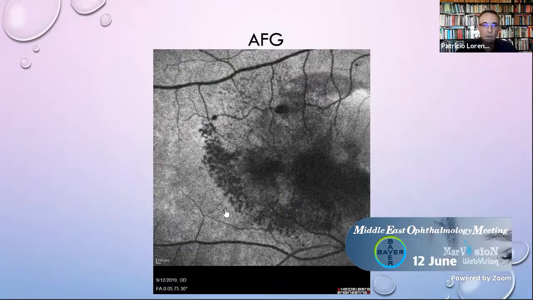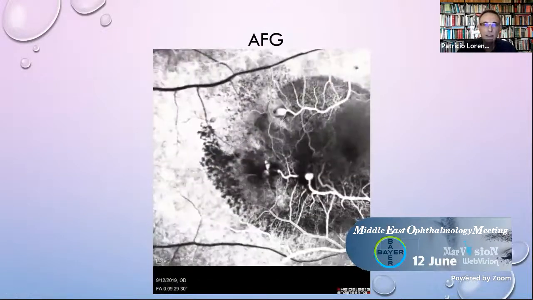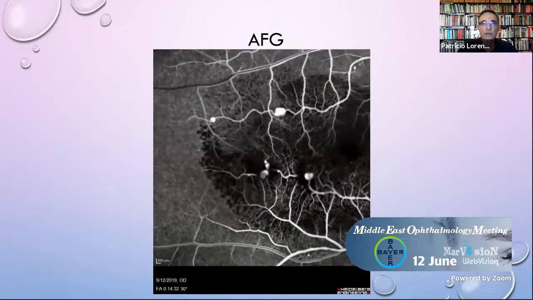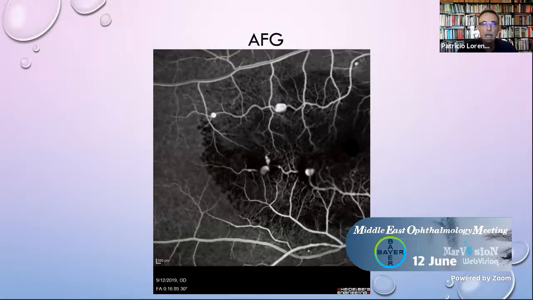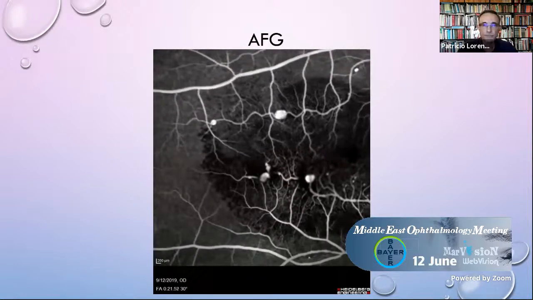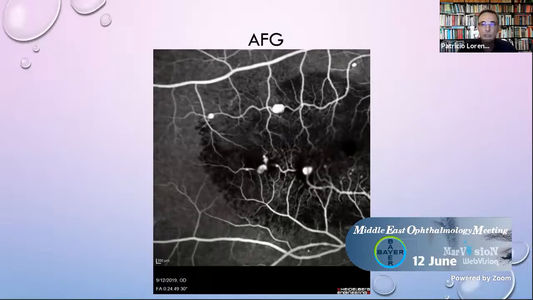We did a fluorescein angiography, and we can see that it is arteriolar vascular dilatations. The veins are starting to fill in now. You see the enlarged vessels there, dilatations.